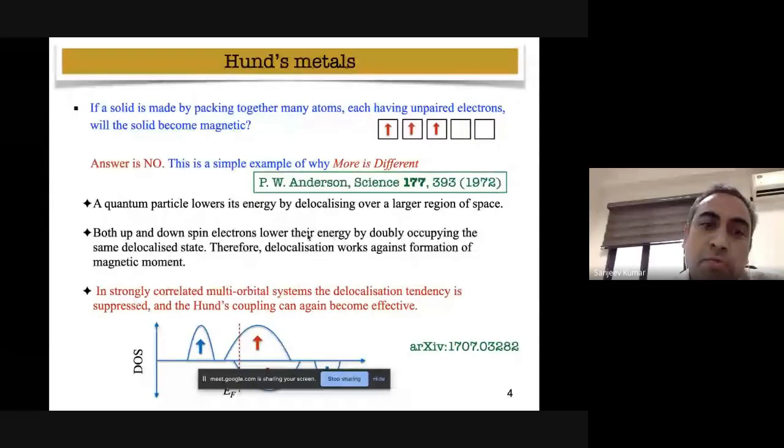Of course, if the electron interactions become relevant, there is basically a competition going on between the kinetic energy, which is this delocalization energy, and the electron-electron correlations, which will try to localize the electrons again. So it can actually happen, and it happens in various multi-orbital systems, that this delocalization tendency is again suppressed if you have strong correlations, which means one can end up with a picture like what I've shown here.